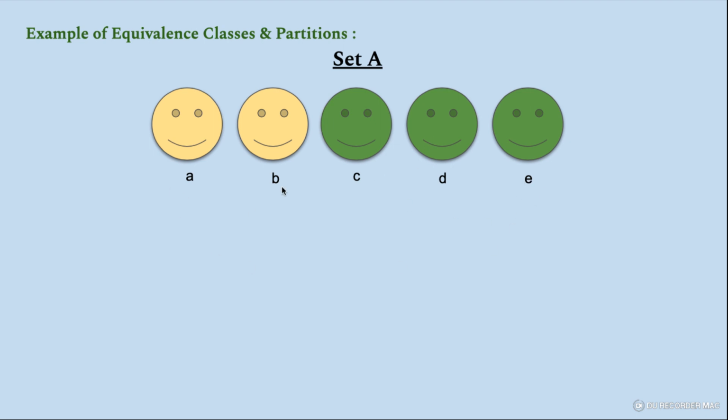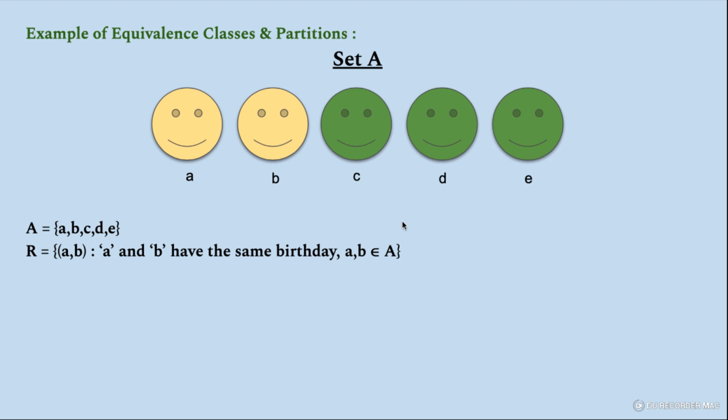So A and B have the same date of birth, and C, D, and E have the same date of birth. Now let set A be {A, B, C, D, E}, and the relation defined on set A is (a, b) such that a and b have the same birthday, where (a, b) belongs to set A. So the condition for the relation is that a and b should have the same birthday. That is the condition given.